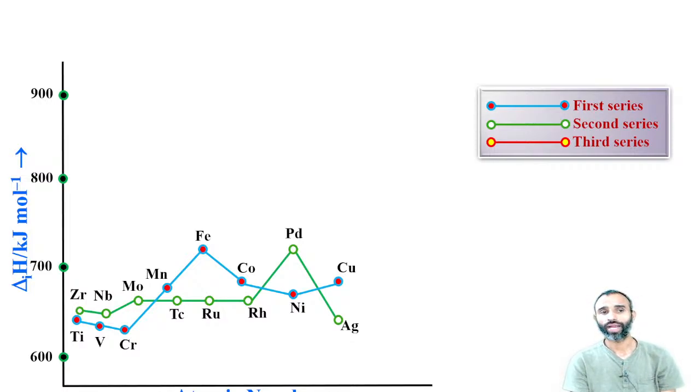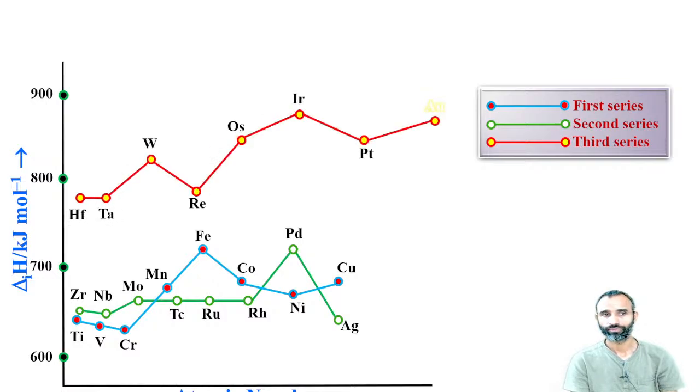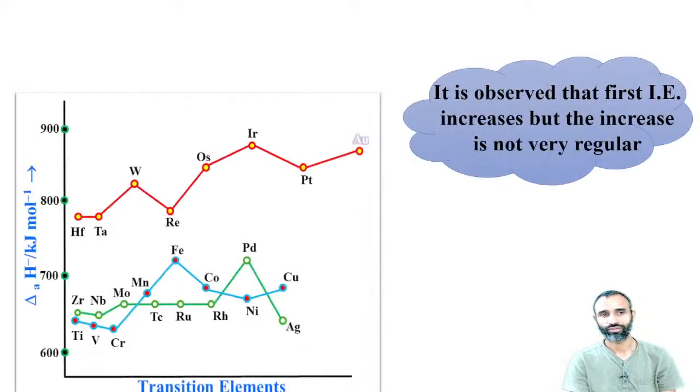For palladium you can explain easily. Again there is a change, meaning it is not as smooth as we can expect. So it is observed that first ionization enthalpy increases, but the increase is not very regular.